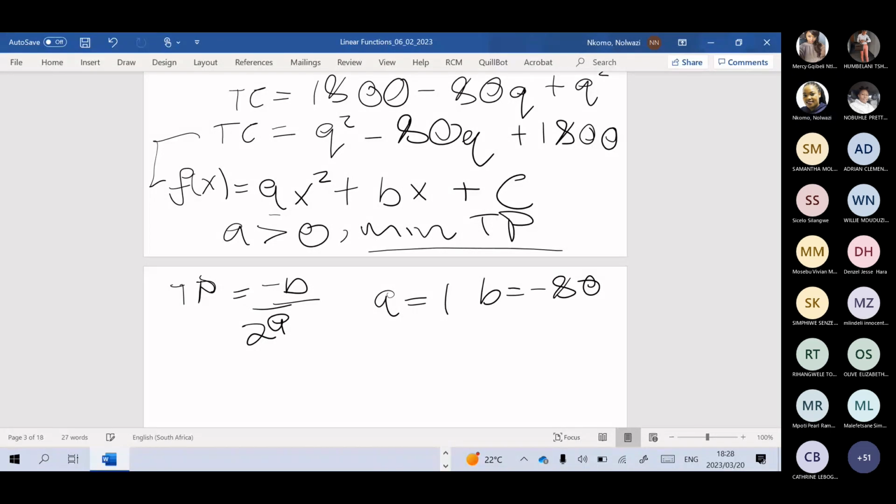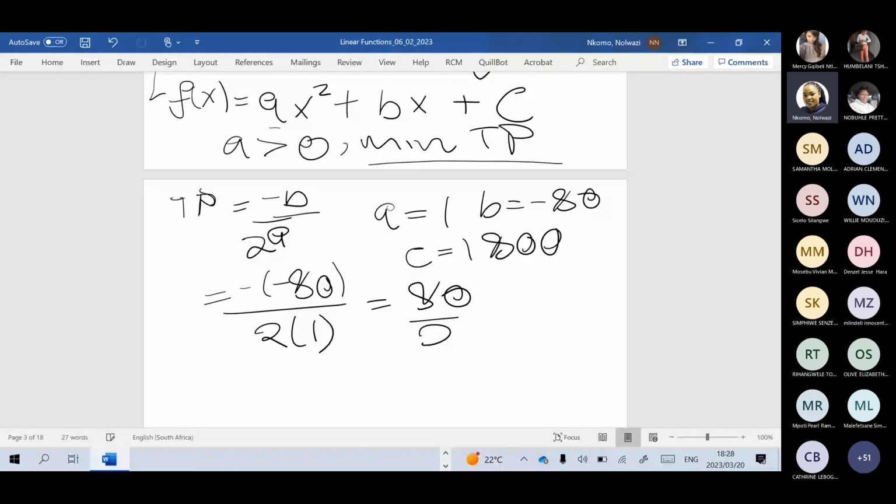You substitute this here, and you have minus minus 80 over 2 times 1, which is 80 over 2, which is 40. This is your turning point when you are given this total cost.